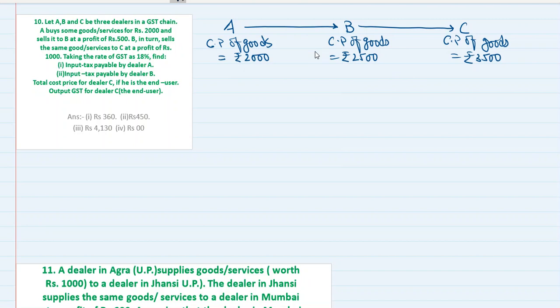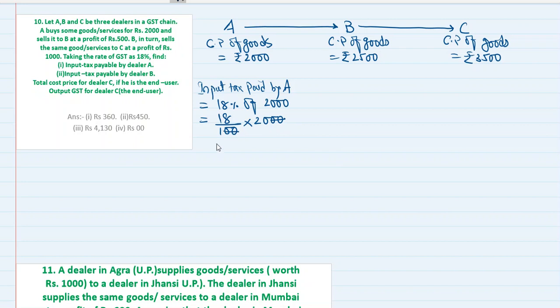Okay, find the input tax payable by dealer A. Okay, so input tax paid by A is equal to 18% of 2000. 18% of 2000, that is 18 upon 100 multiplied by 2000.